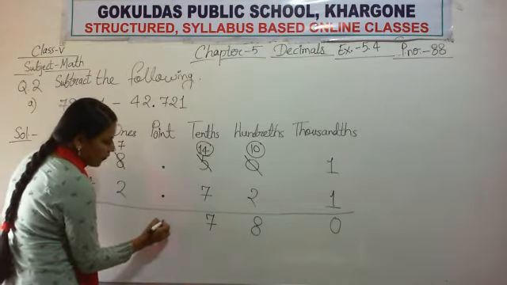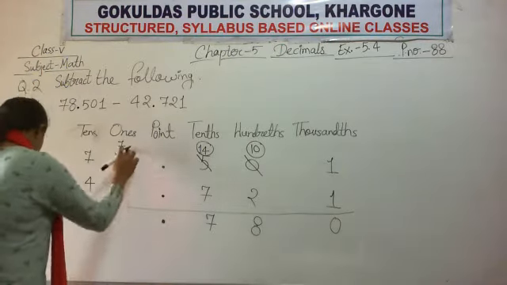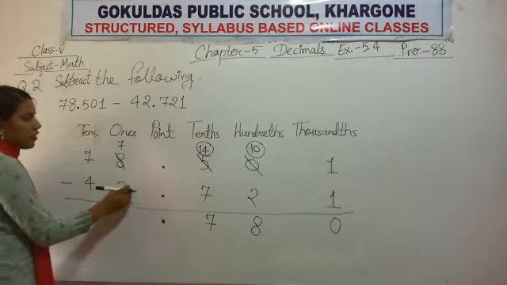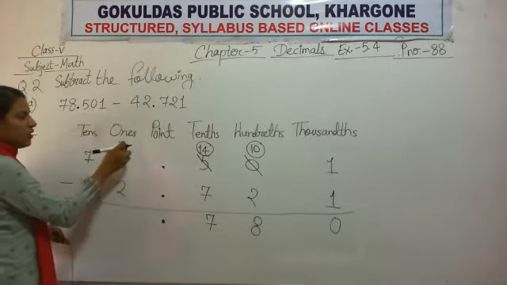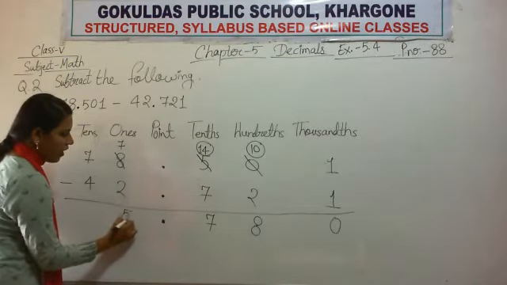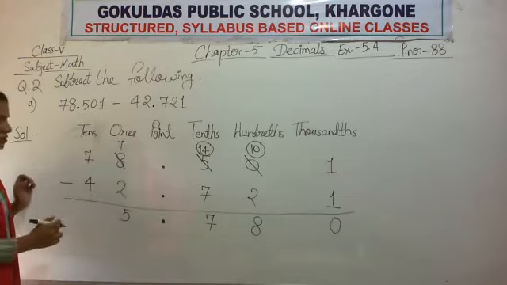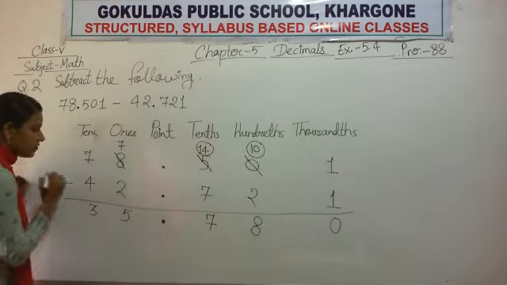Now put the decimal point. Do not forget to put it. Okay. Now move towards the next column. That is the ones column. 7 minus 2. 7 minus 2 is 5. And in the last column 7 minus 4. When we solve it, our result is 3.